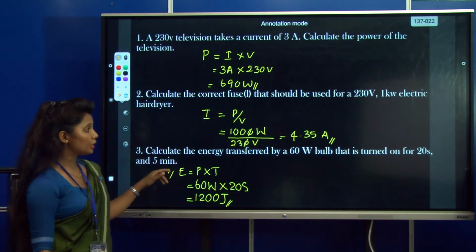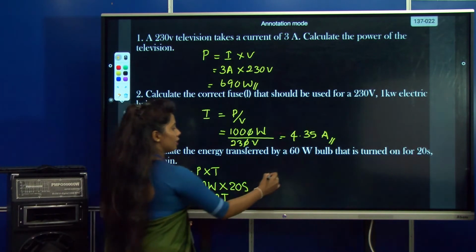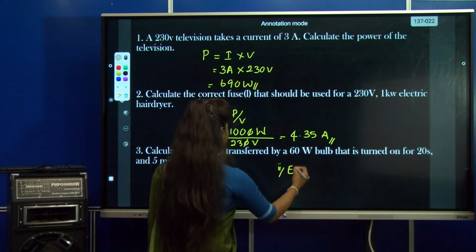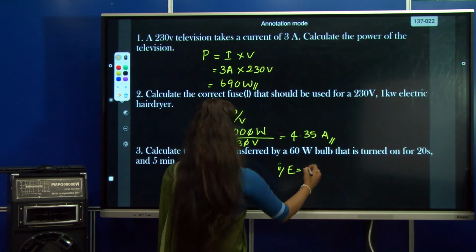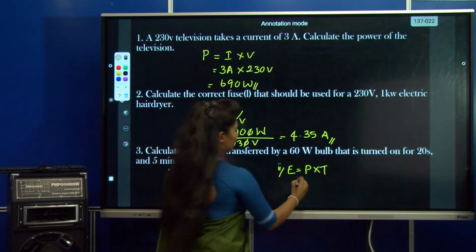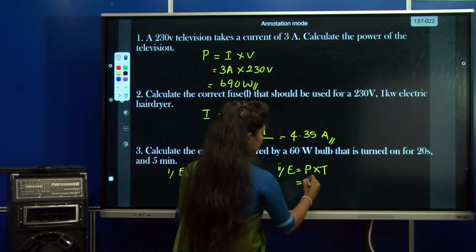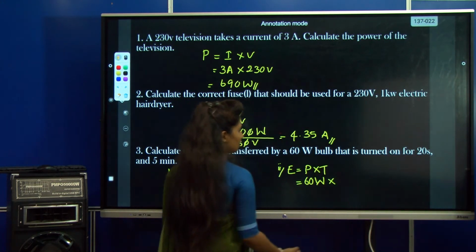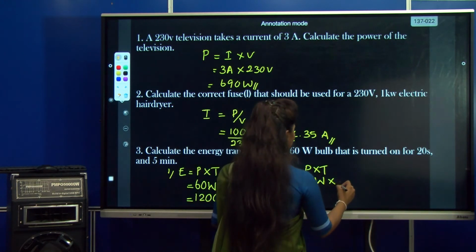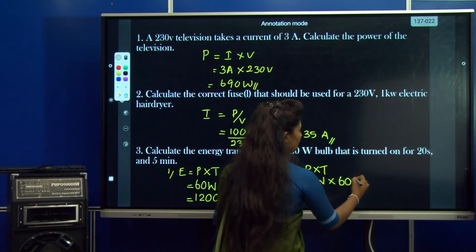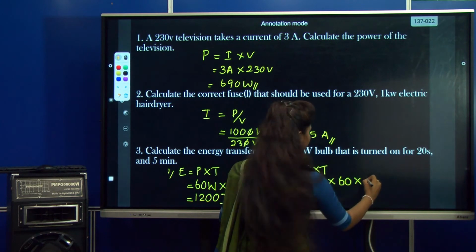And it has worked for 5 minutes as well. So, there we have to multiply again. Power is 60 watts. Time is 5 minutes. So, minutes into seconds, multiplying by 60.